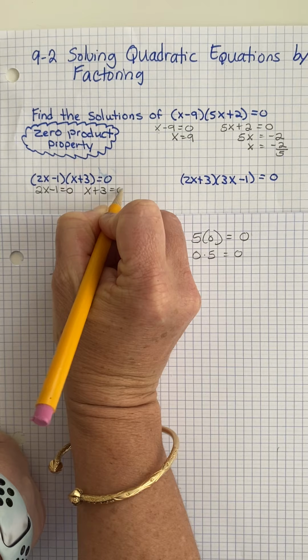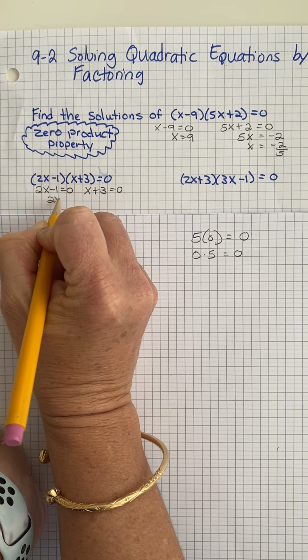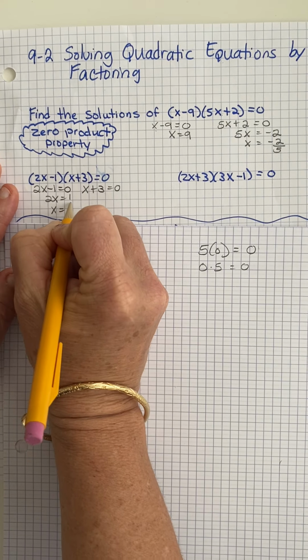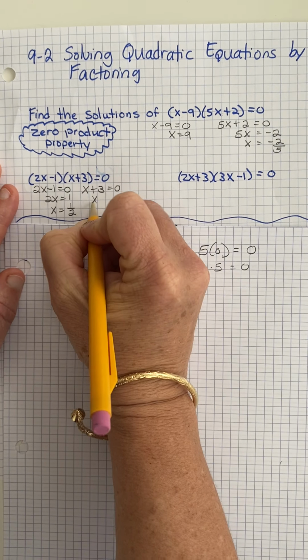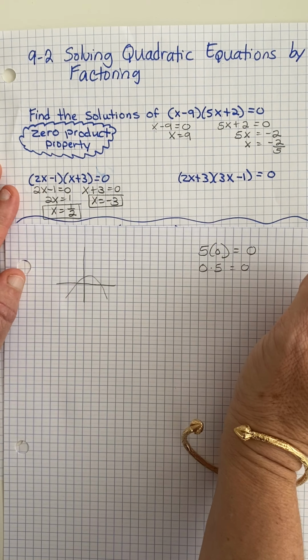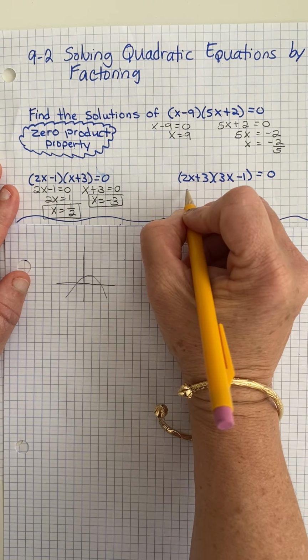Set them both equal to 0. Okay, so those are my two solutions. 1/2 and negative 3. Same thing here.